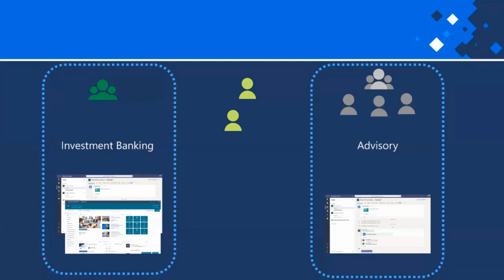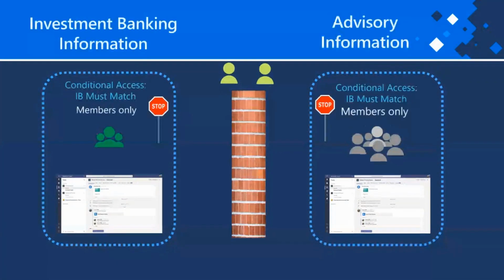The content like Teams or SharePoint sites associated with advisors is only accessible by advisory users. And the users who sit in the middle, the general users, cannot access any of that content.